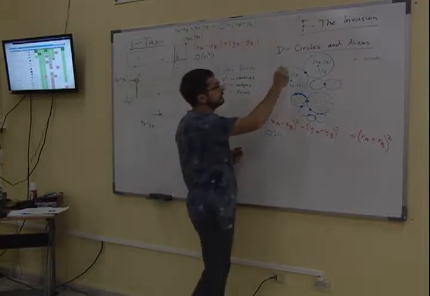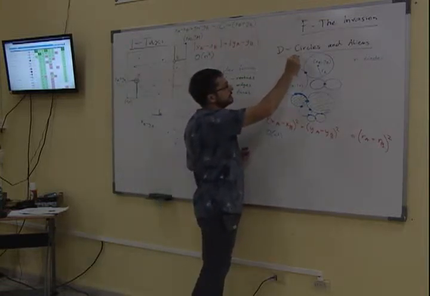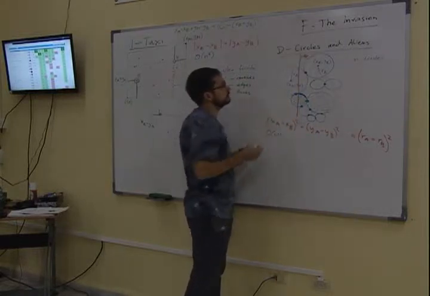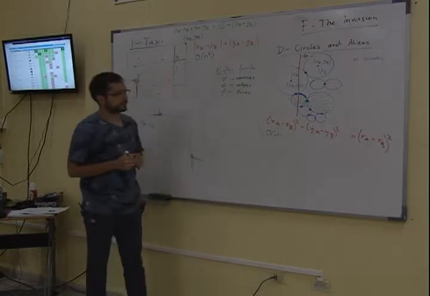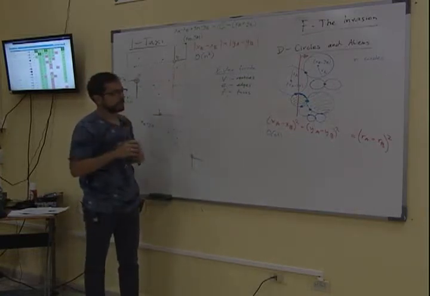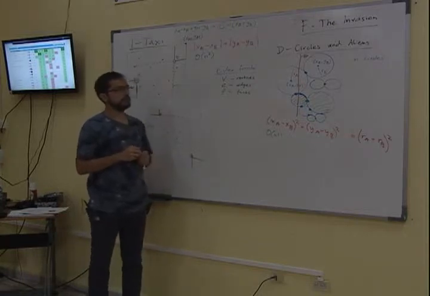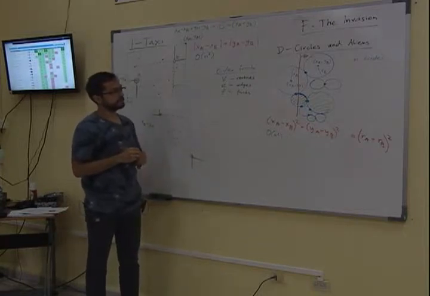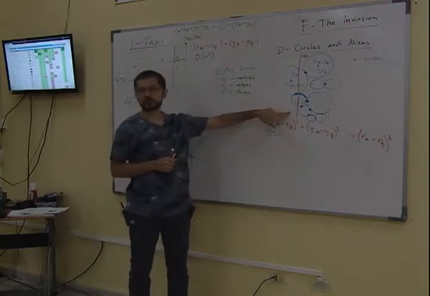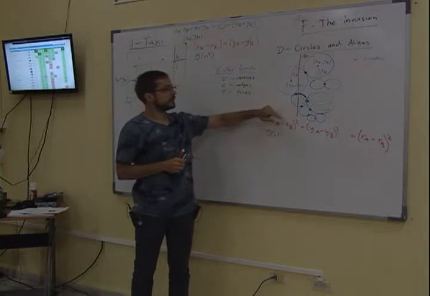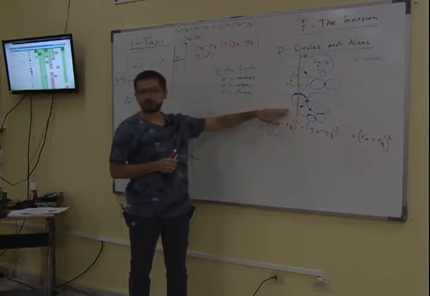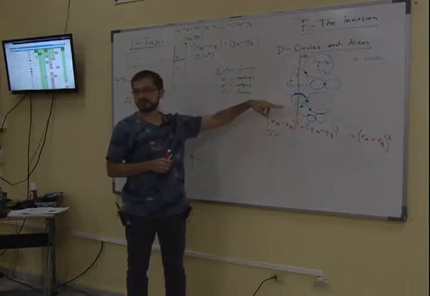We will be sweeping a vertical line from left to right, and every time we will have some kind of data structure on this line, in which we keep track of every circle which is intersecting this line.